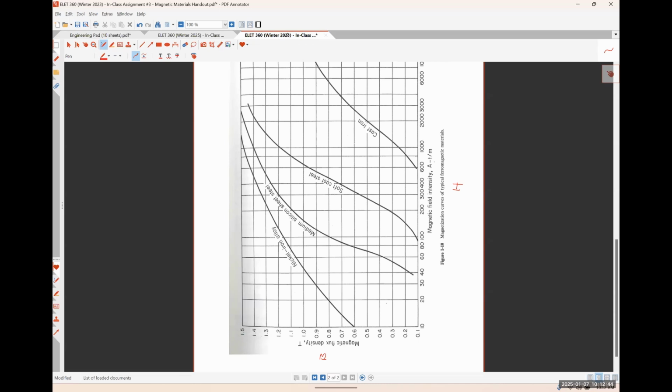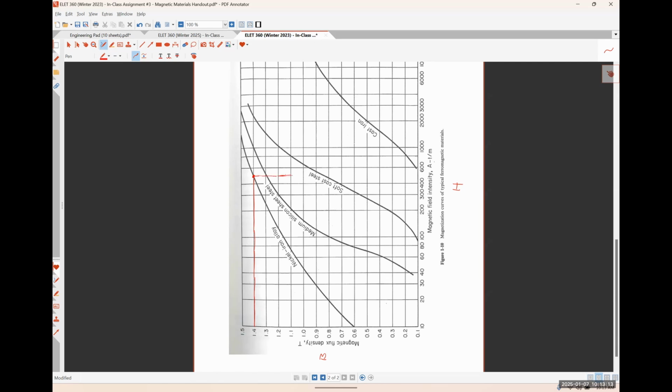Okay. So our B field was 1.4 Tesla. What I'm going to do here is draw a line along this 1.4 Tesla line until I intersect with the nickel iron alloy line, which is right here. And then from that intersection, I'm going to draw a line down.